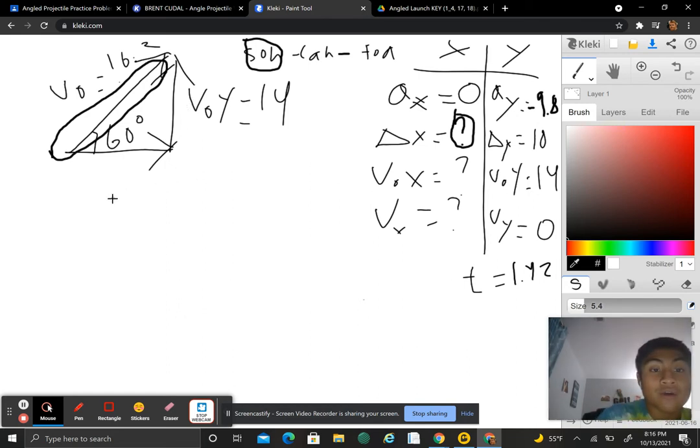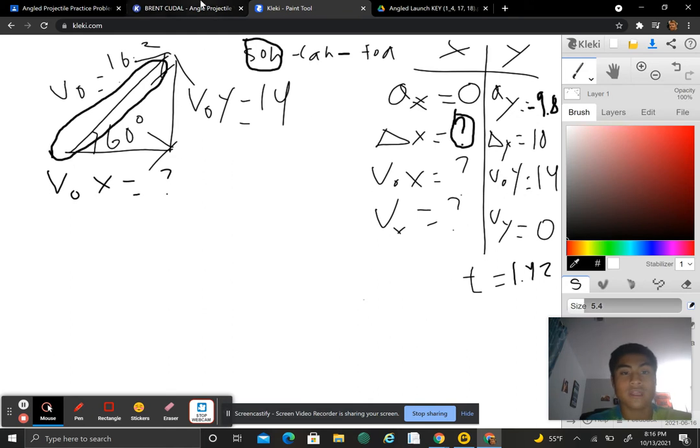So now we can find the initial velocity for x. That's what we're going to be solving for. Now, again, it doesn't necessarily matter, I don't think, as long as you use one of the ones that have adjacent in them. For simplicity's sake, and due to the fact that Mr. Dolson used it on his answer key, we're going to be using CAH in order to find the adjacent side.